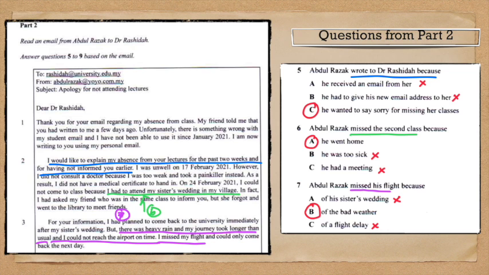So you read after the word "earlier" there: I was unwell on 17th February 2021. However, I did not consult the doctor because I was too weak and took a painkiller instead. As a result, I did not have a medical certificate to hand in. On 24th February 2021, I could not come to class because I had to attend my sister's wedding in my village.